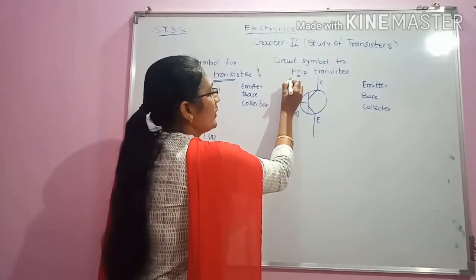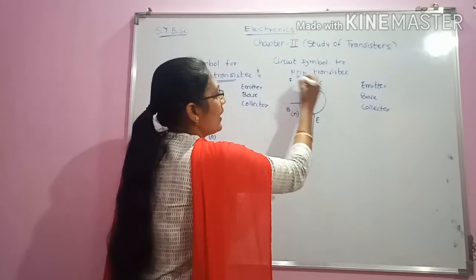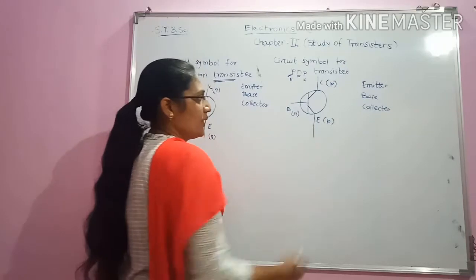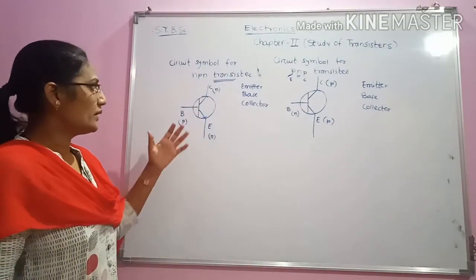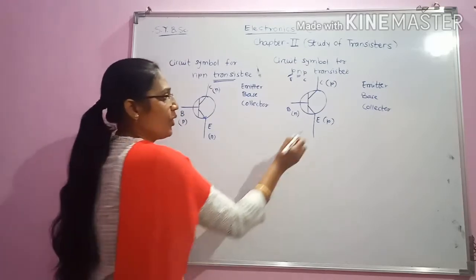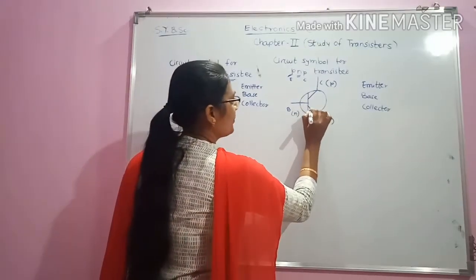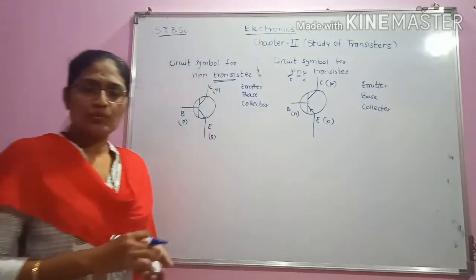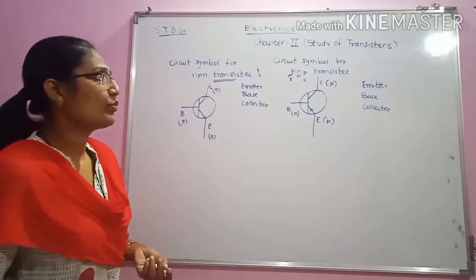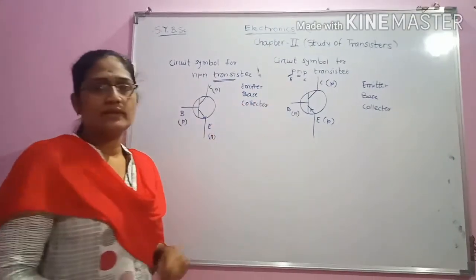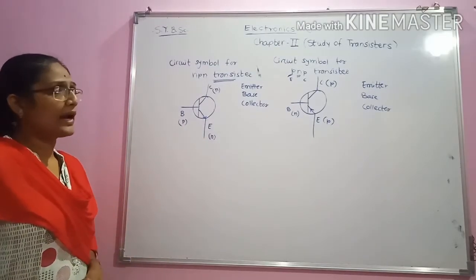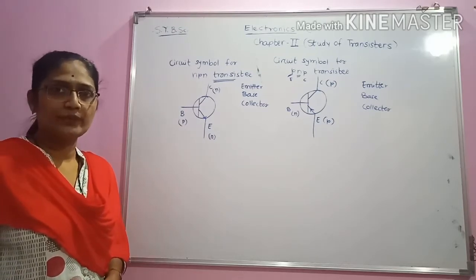Here, emitter and collector are p-type, p-type. Just now I told you that the conventional current flows from positive to negative. Therefore, positive to negative, because here also current flows from emitter to base. Hence, the circuit symbol for the PNP transistor is as shown in the figure. These are the two circuit symbols for NPN and PNP transistors respectively.